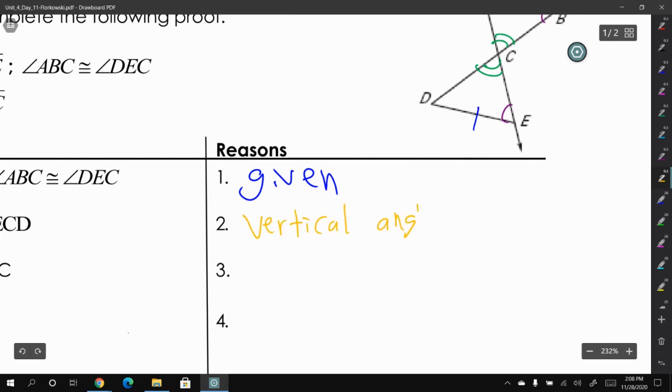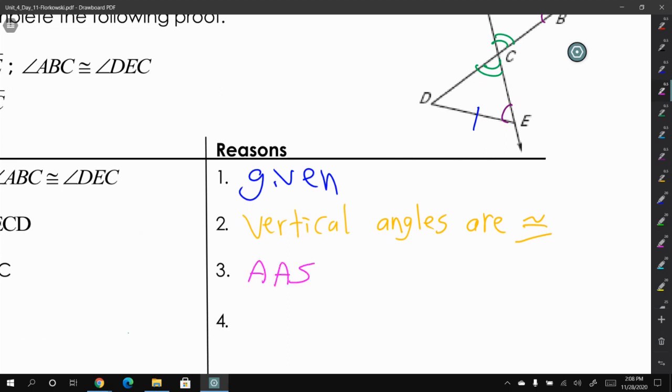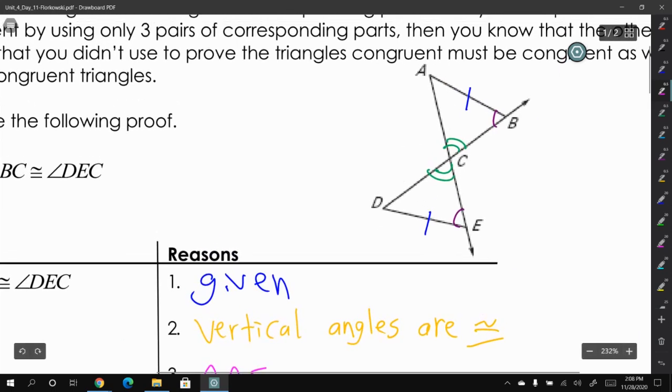Vertical angles are congruent. And then doing that allowed us to say that the 2 triangles are congruent by angle, angle, side. Now, the proof wants us to prove that segment DC is congruent to side AC.